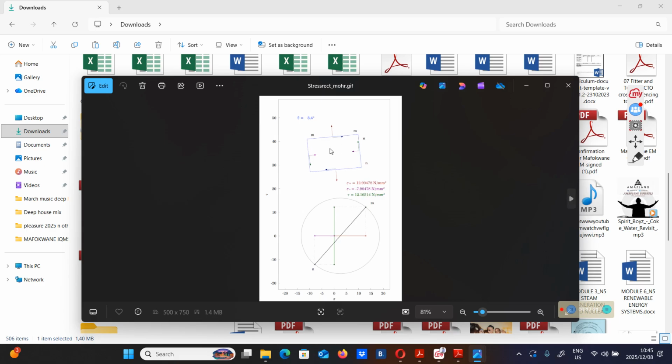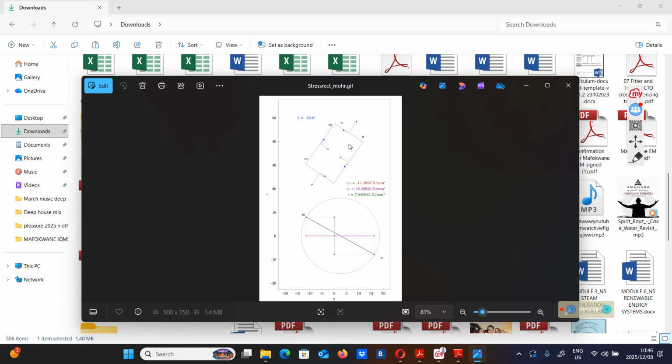So as we tell the element, this is the element. I spoke about the element. As we tilt this element, or as we change the plane, the normal stress on the X phase and normal stress on the Y phase will change as well. And then the shear stress will change as well.